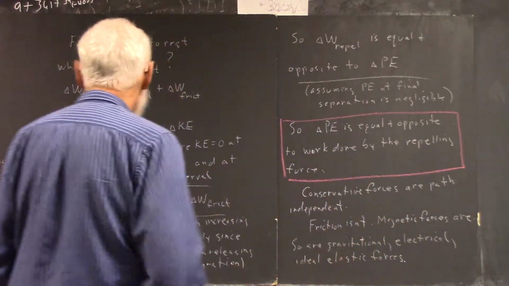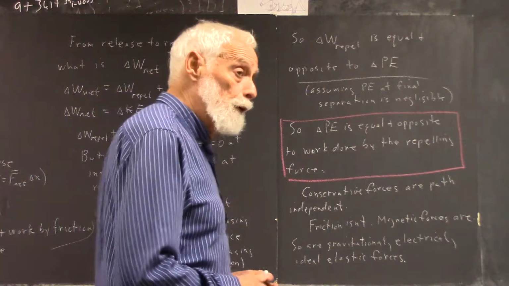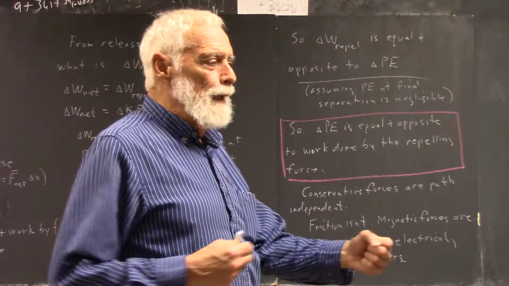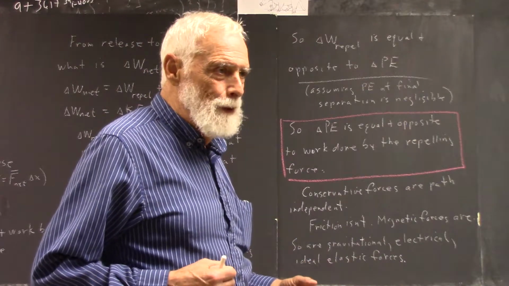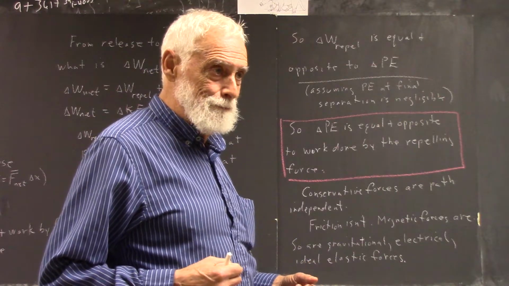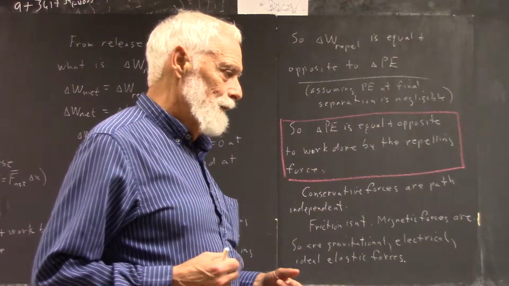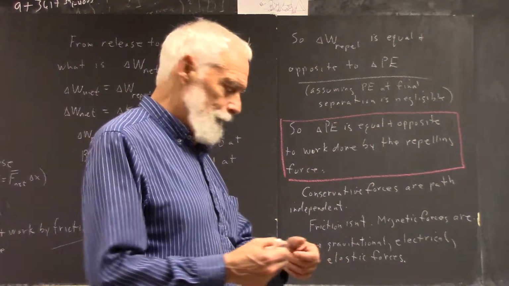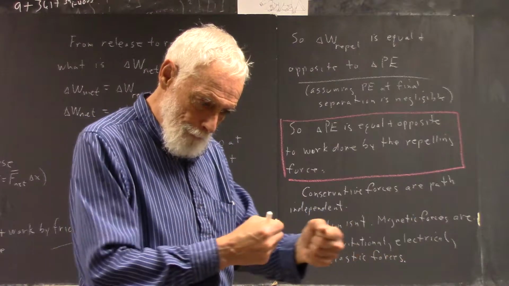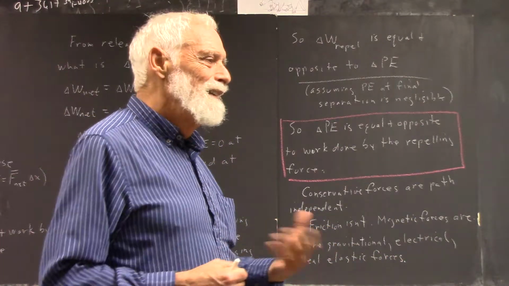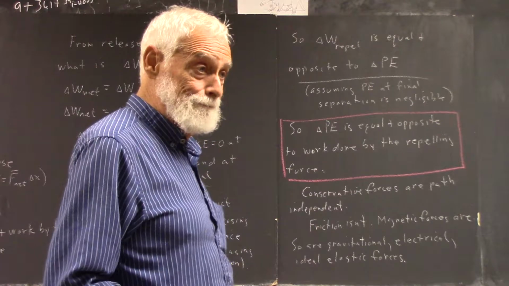So are gravitational, electrical, and ideal elastic forces. Rubber bands exert an elastic force, but it's not really path independent. We've got this hysteresis type loop, and if you stretch a rubber band, then take it back, there's a difference in the force.